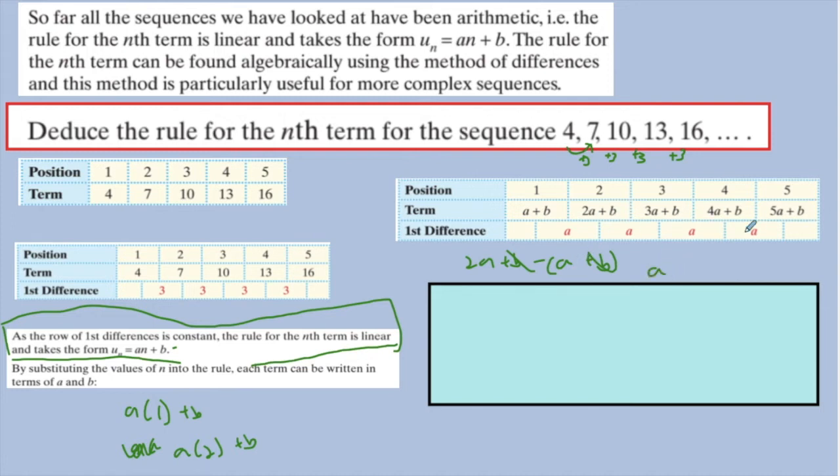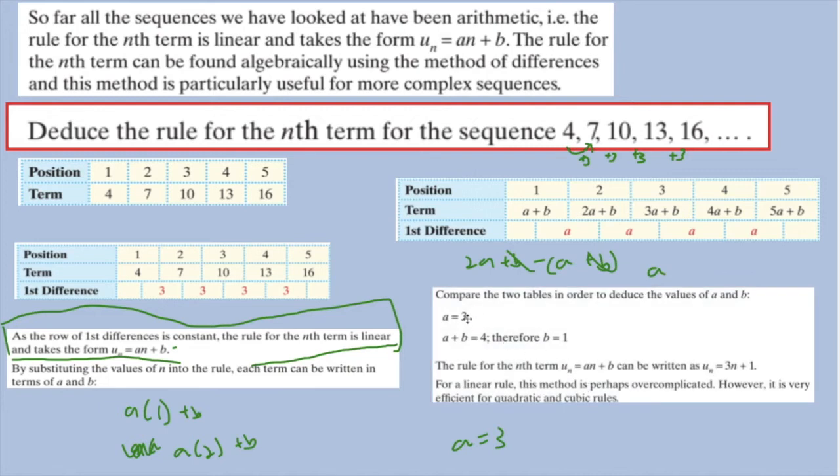And that's the same for everything here. So my first difference is a. Therefore, this a equals 3. a plus b equals 4. b equals 1. How did we figure that out? I know a plus b is 4, and if a equals 3, then 3 plus b equals 4, so b equals 1.